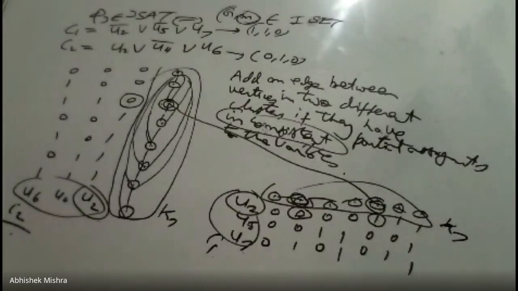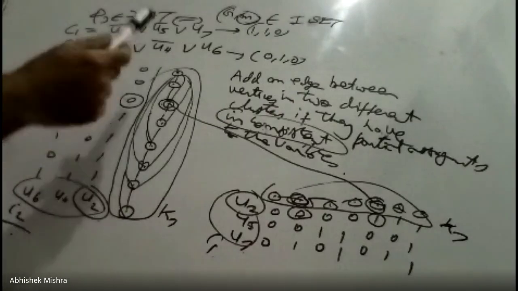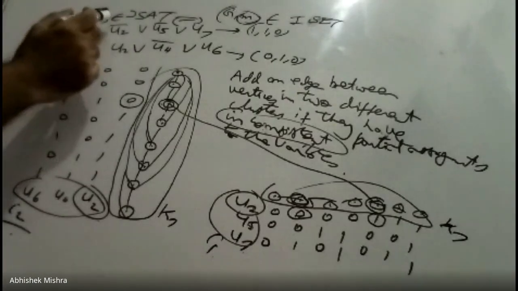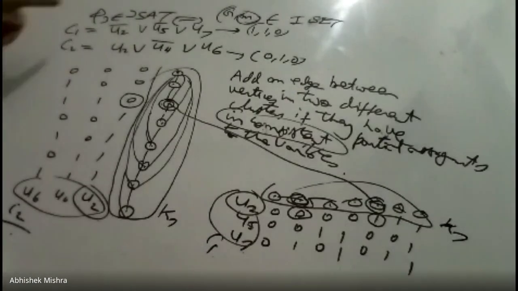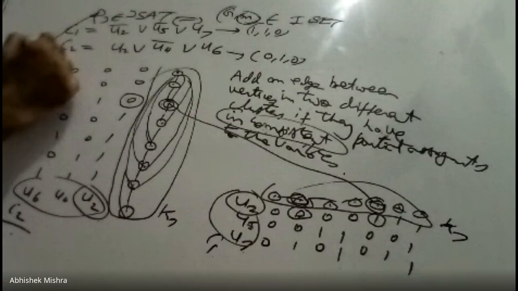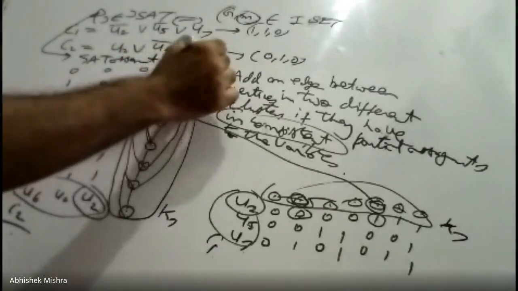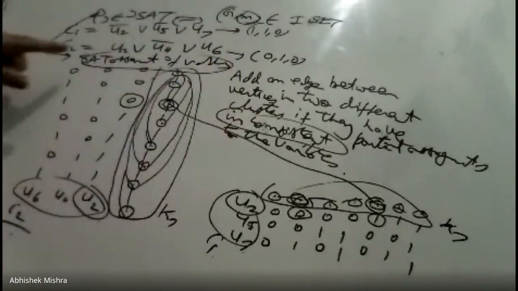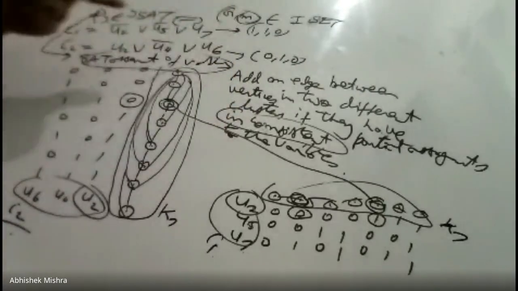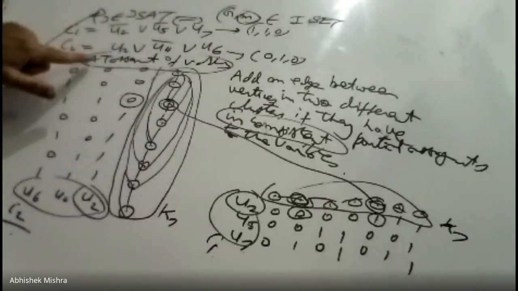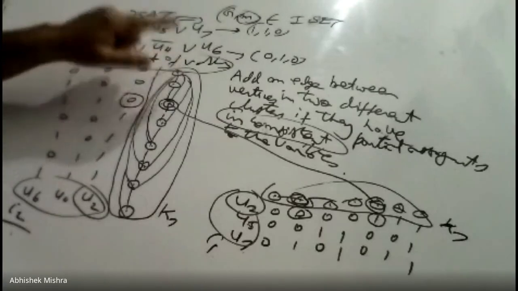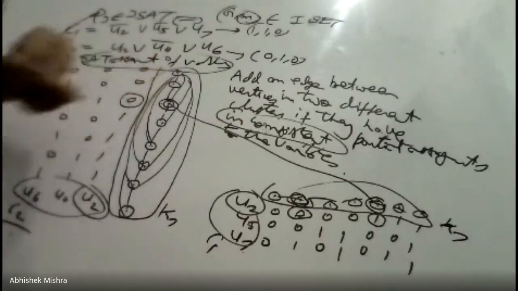Now how do we do this? First, suppose that our formula phi is in 3SAT. So 3SAT means it will have some satisfying assignment of variables. Now how do we choose the independent set? It is very simple. Since it has a satisfying assignment, simply choose the vertex corresponding to the assignment.